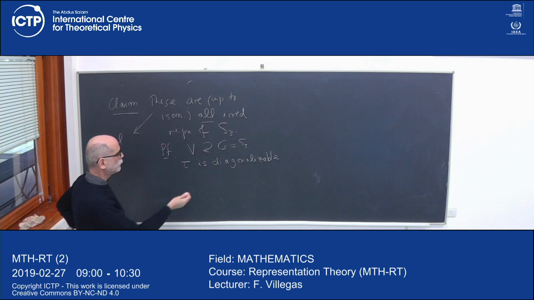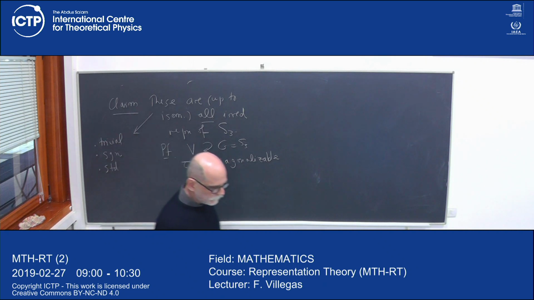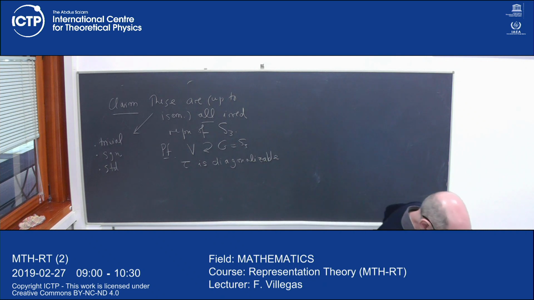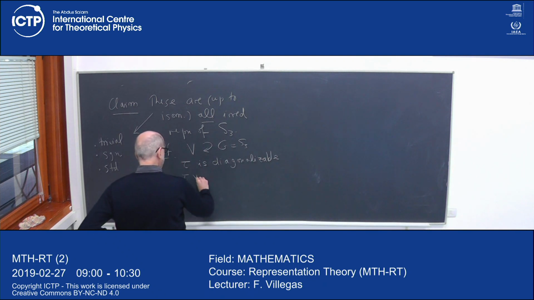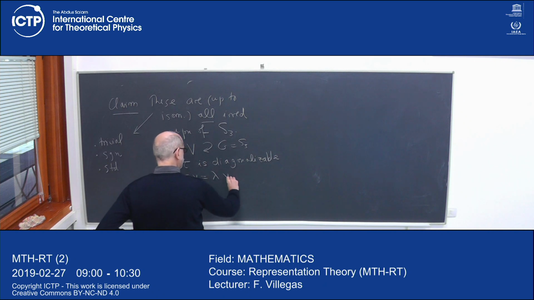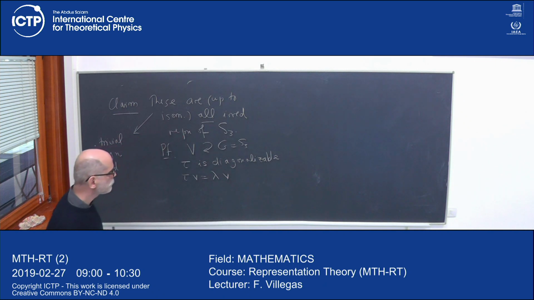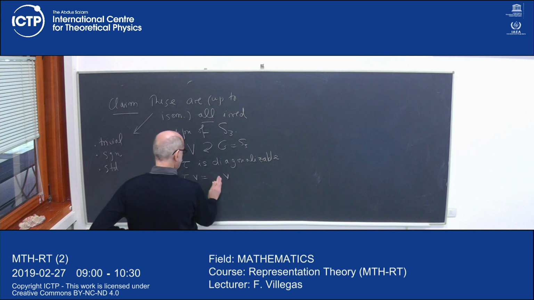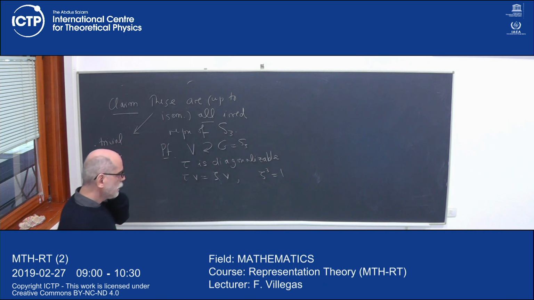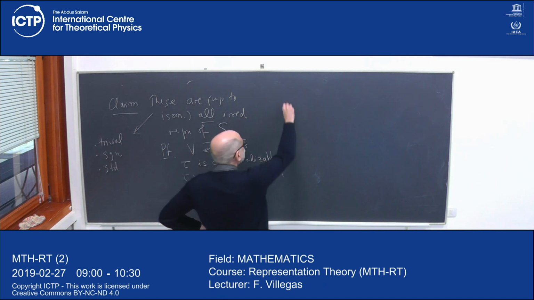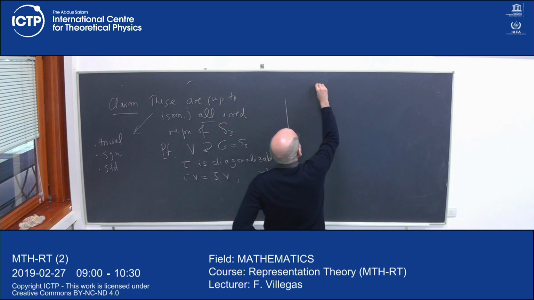So tau, I'm viewing it as a linear map from V to V. So if tau of a vector V is theta V, we know already that theta cubed has to be 1. Then what happens with sigma?